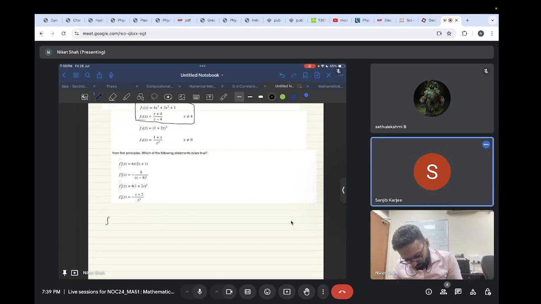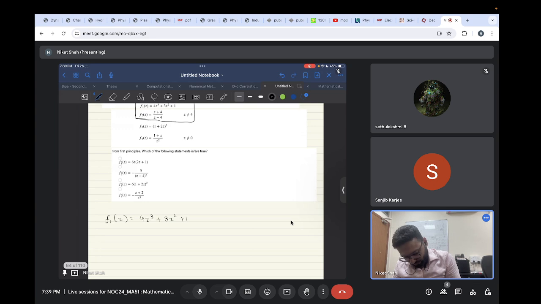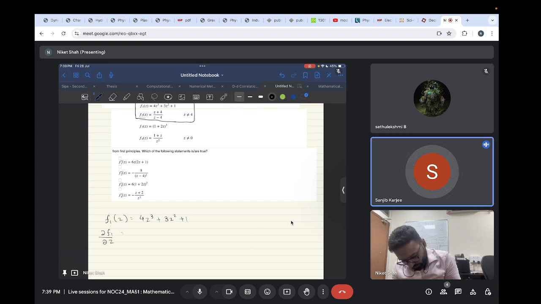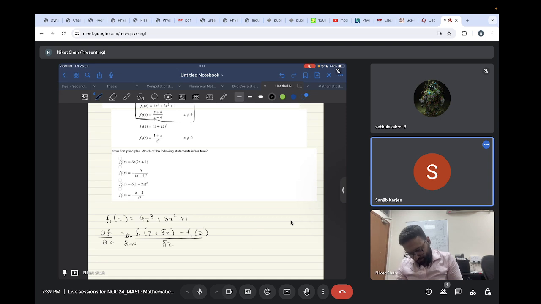So f1 of z is equal to 4z cube plus 3z square plus 1. So del f1 by del z is equal to f1 of z plus delta z minus f1 of z divided by delta z, where limit delta z tends to 0, right?